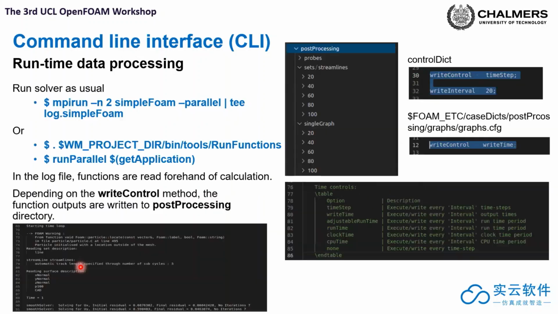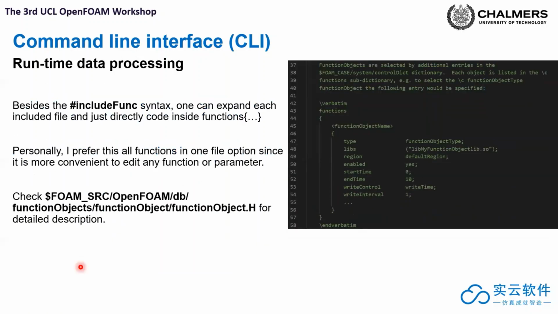The second option of doing the runtime data post-processing is, instead of using this #includeFuncs keyword, one can also expand the included files and directly code the functions here. The general syntax is you have these functions, and these curly brackets are the outermost curly brackets, and inside this functions block, you specify a sub-function or a function object name.